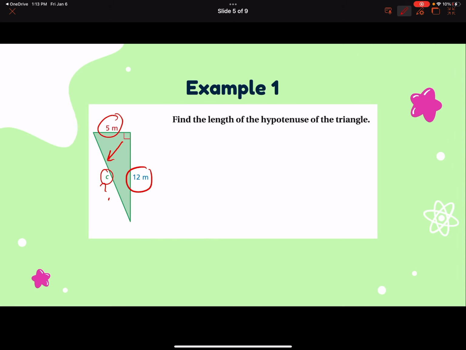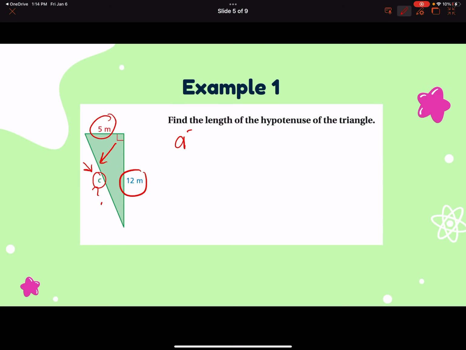But if I'm looking at example 1 here, it's actually telling me that I'm looking for c because that's the letter that it's giving me there. But, of course, they can use any variable they want, so maybe sometimes you'll have an x there, and you'll have to figure out whether they want a, b, or c. So c is always the one right across from the right angle, so in this case I'm looking for c.